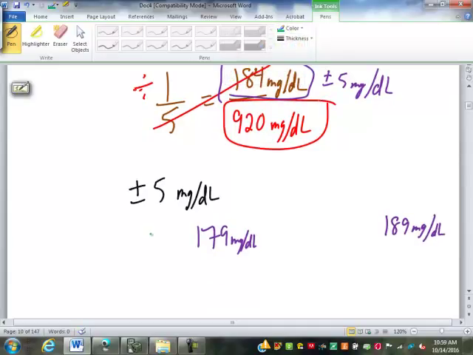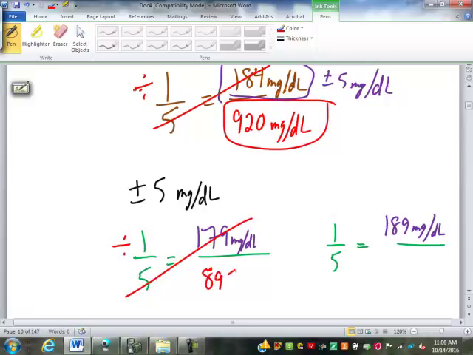So if I were to deal with my dilution there, cross multiplying and dividing here, 5 times 179 divided by 1, that is telling us that that could have been as low as 895, or cross multiplying and dividing here could have been as high as 945.